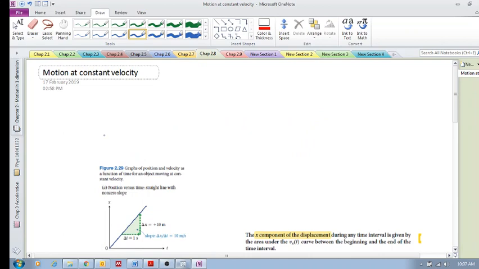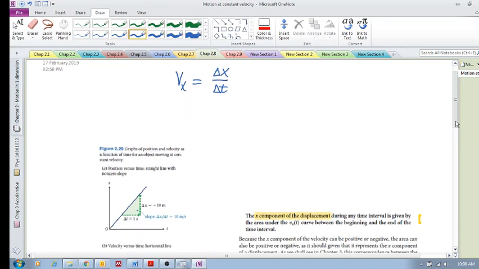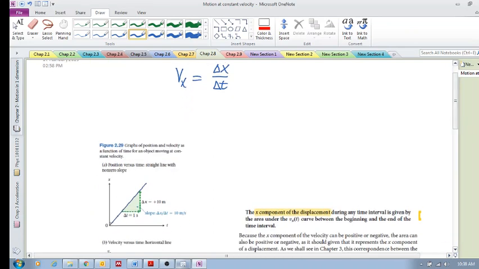Now if we move on to 2.8, just rewriting this, your velocity is delta x over delta t. So what we're saying here is that we're looking at motion at a constant velocity. If we're looking at a position time curve, then we can see that the velocity is equal to the change in the position, this is the vertical direction, over the change in time. Okay, and what is that?